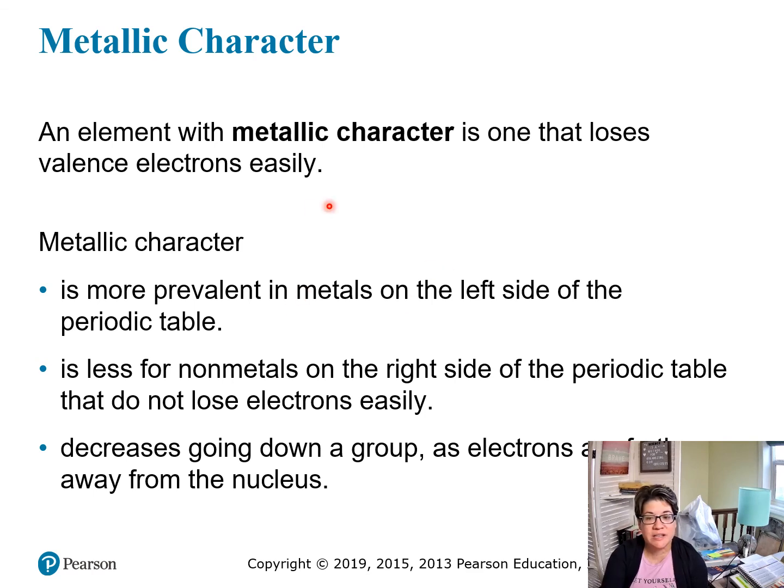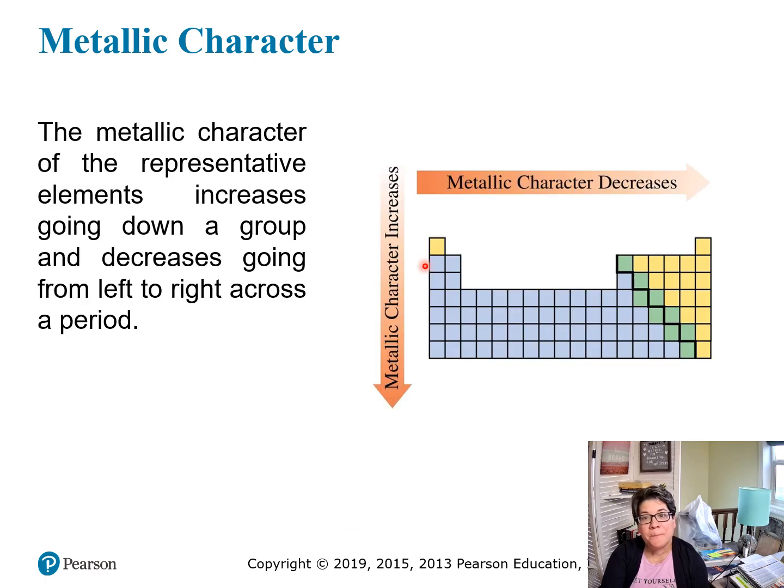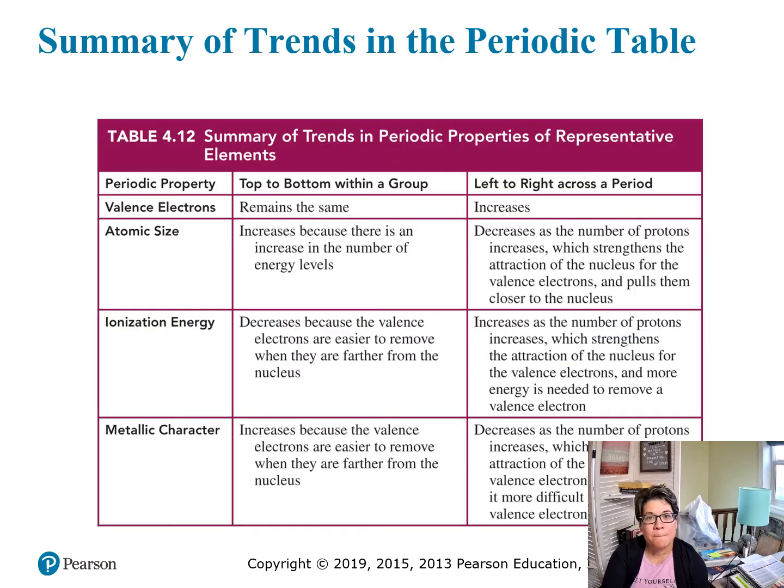And it decreases as you go down a group. So metallic character increases, and then it decreases as you get into the nonmetals. So they're more metallic this way, less metallic character that way. Here's a summary of the trends. So you have a nice table where you can understand what the trends are and the reasons why.